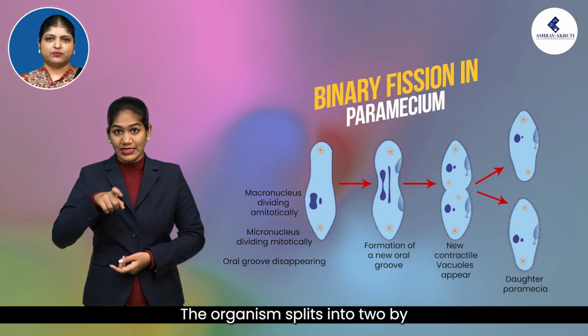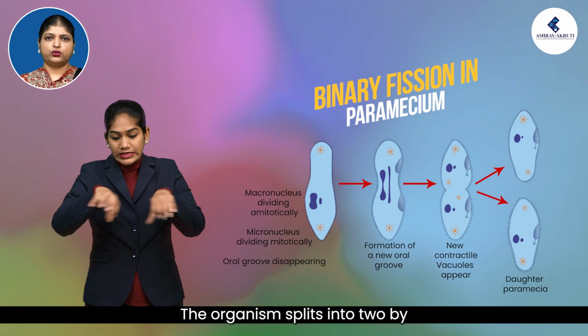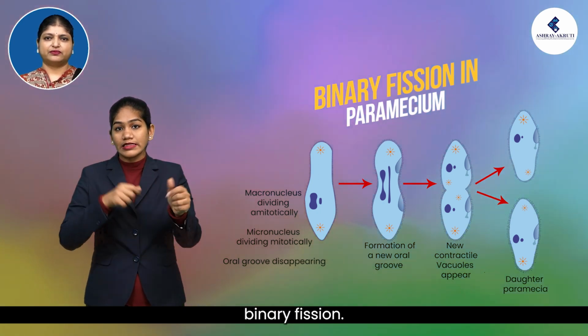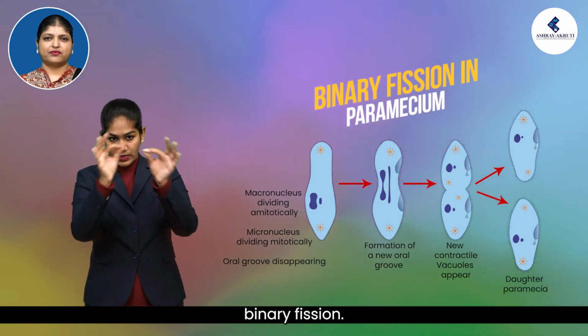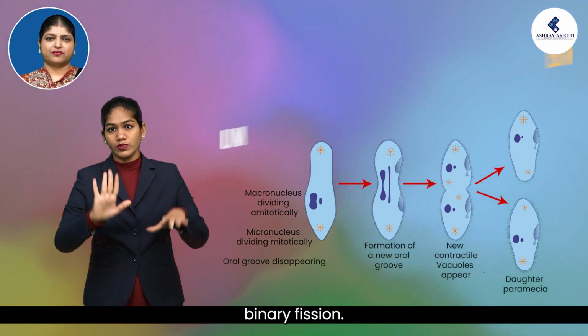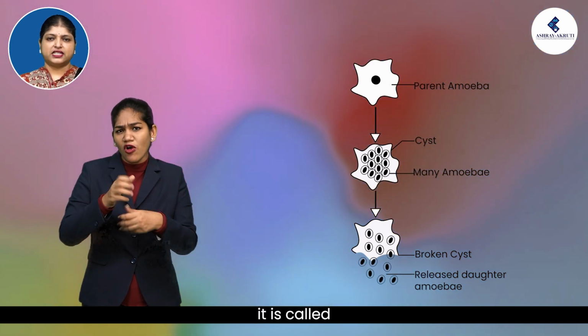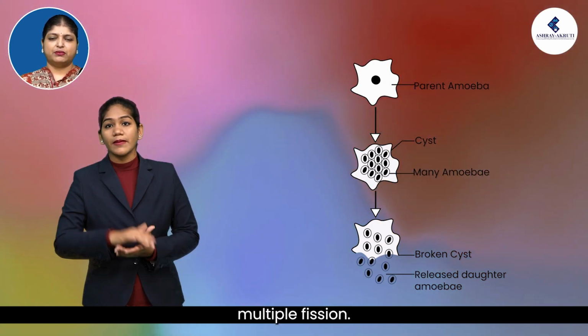The organism splits into two by binary fission. When more cells are formed, it is called multiple fission.